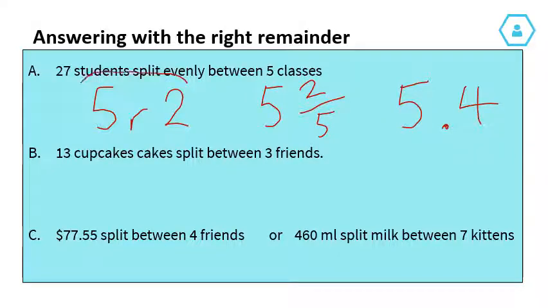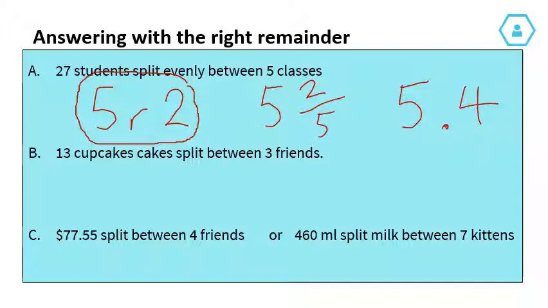Yeah, it's going to be this first one here, because this means there are 5 students going to each of the classes, and there are 2 students left over who haven't been able to be split evenly into those 5 classes, so they'll probably have to be tacked onto another class. Here, yes, we've got the 5 students, but we can't have 2/5 of one student going to a class.